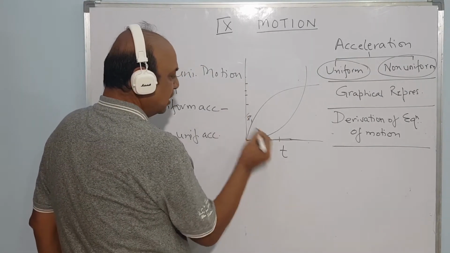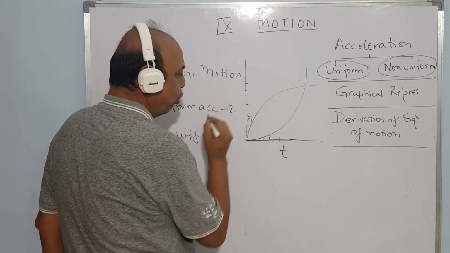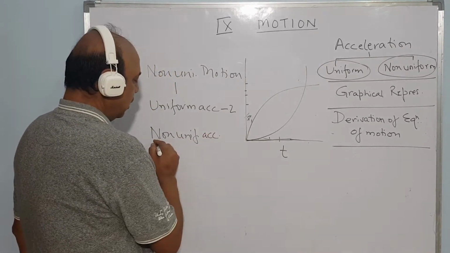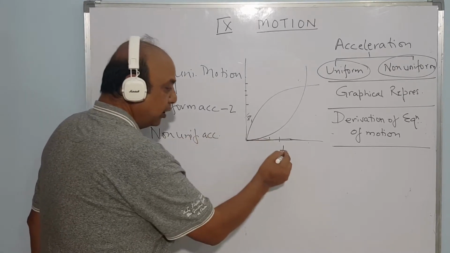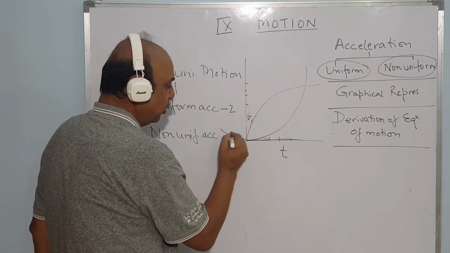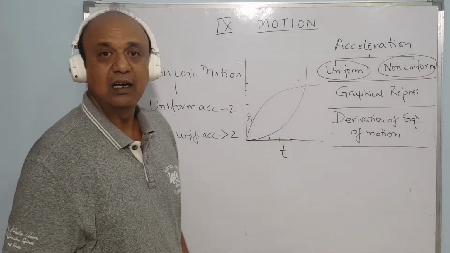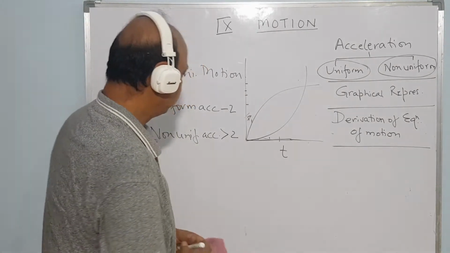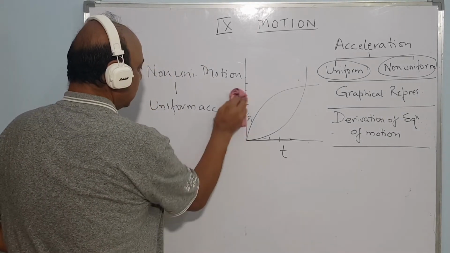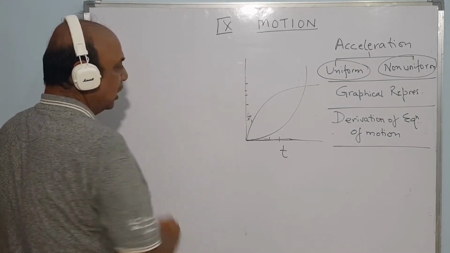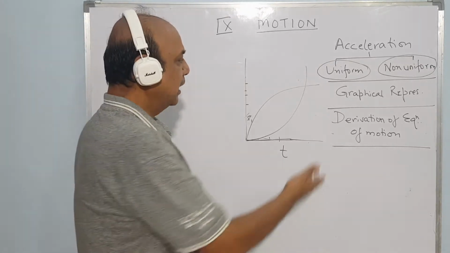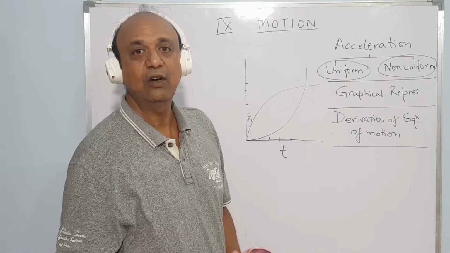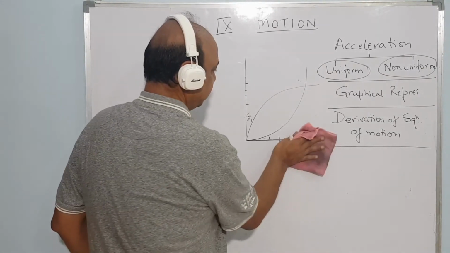If the degree with respect to t is 2, it is a uniformly accelerated motion. If degree with respect to time is greater than 2, it is a non-uniformly accelerated motion. For your convenience, just remember that if it is a graph which is a curve, then it is a non-uniform motion.